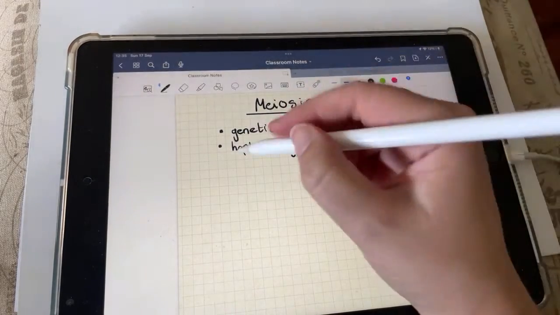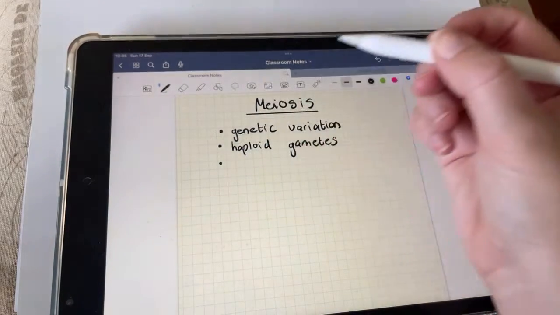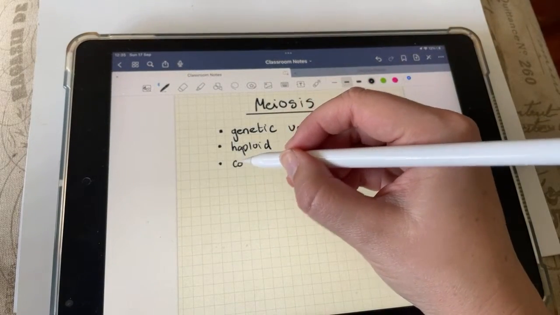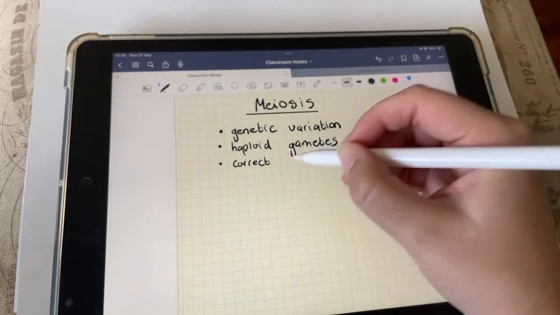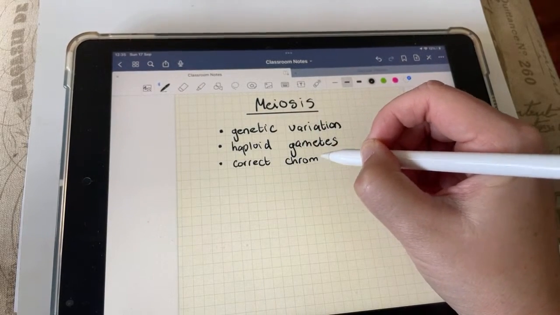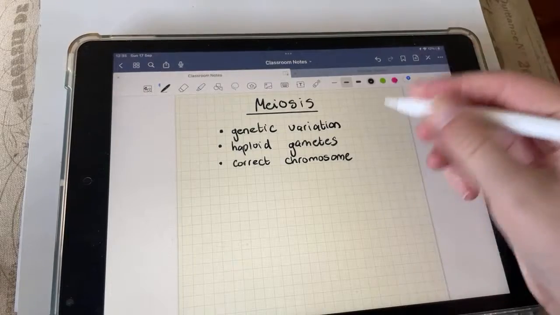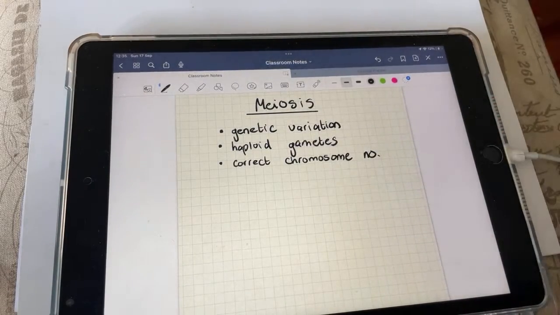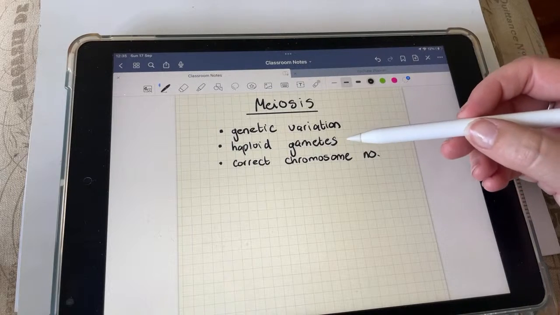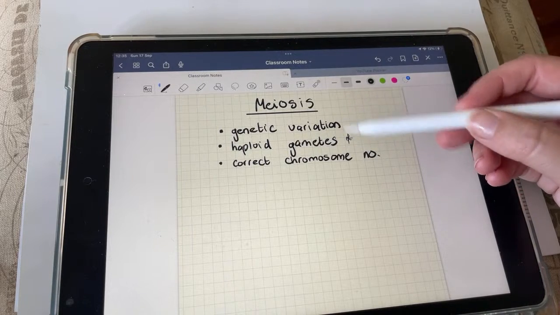And we need to know that meiosis is linked to having the correct chromosome number. Now, I know that these seem very obvious things, but a lot of people don't know this list. And often the question is, what is the purpose of meiosis? And they generally just give this one over here, but they don't know the others.